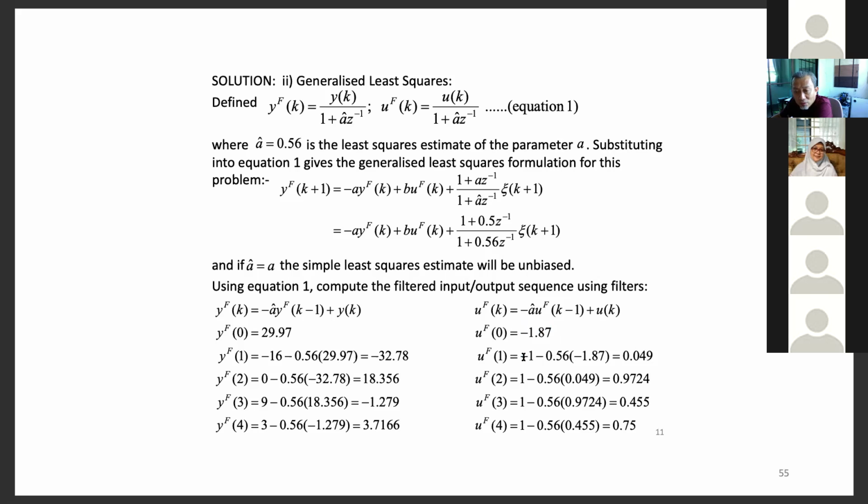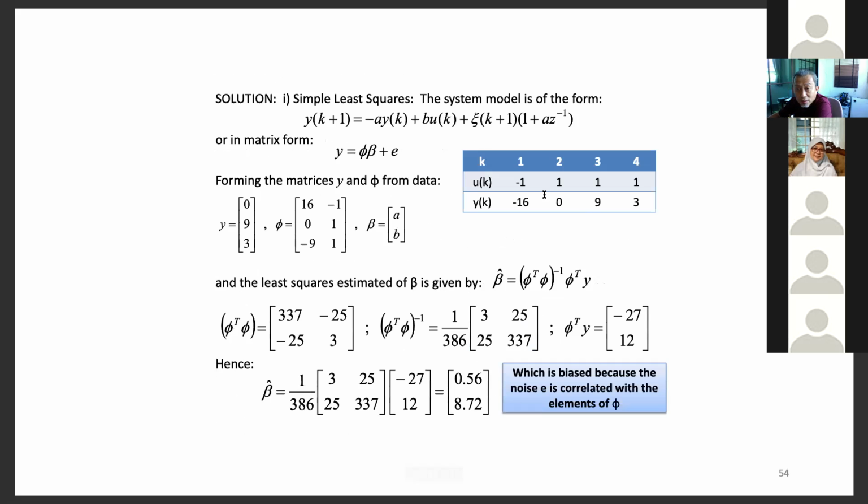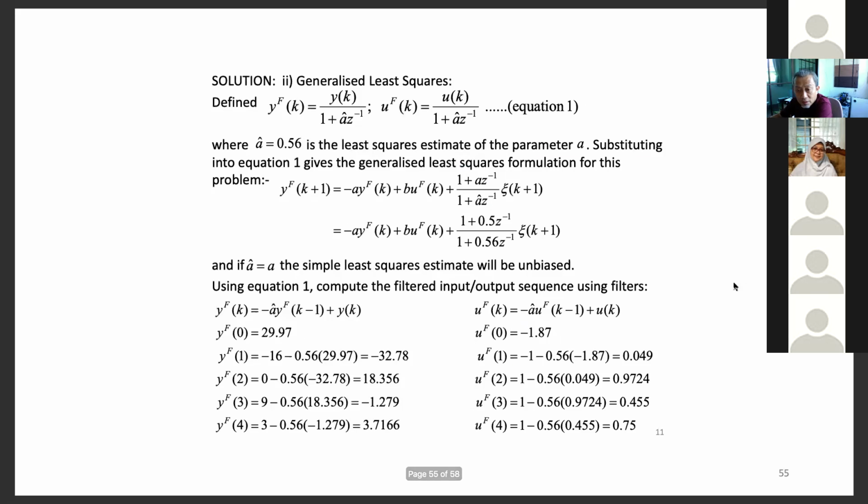The value of u1 is minus 1 from the table here. Insert into here, so you get minus 1, minus 0.56, the a cap, times minus 1.87, given as uf0, so you get 0.049.